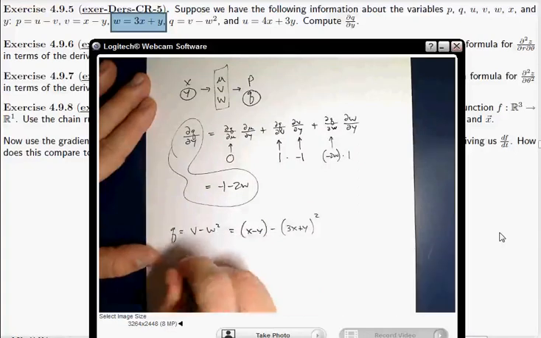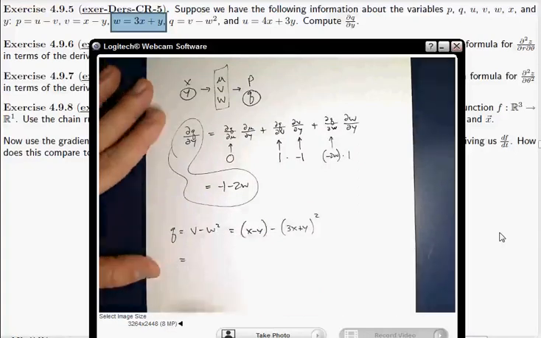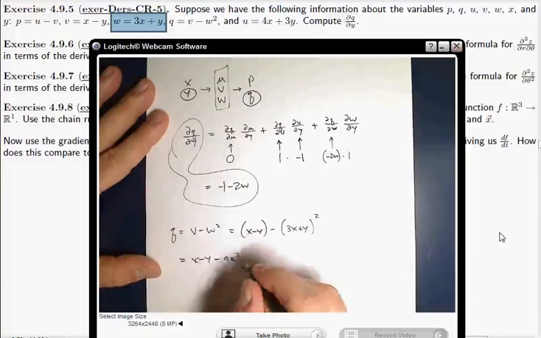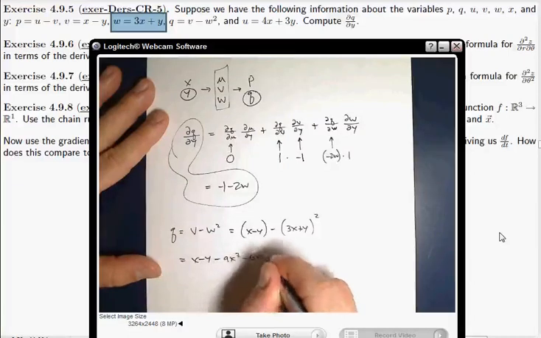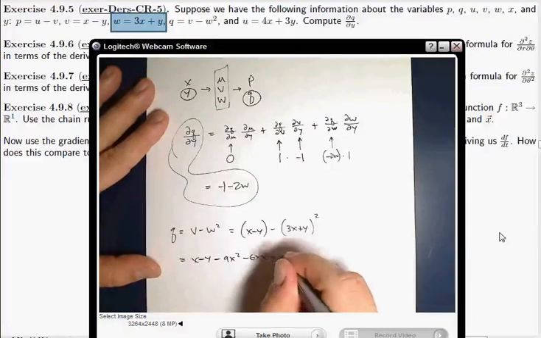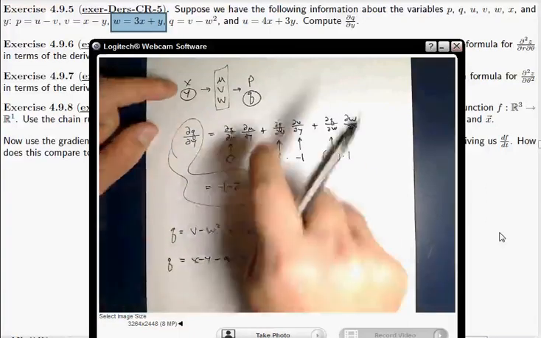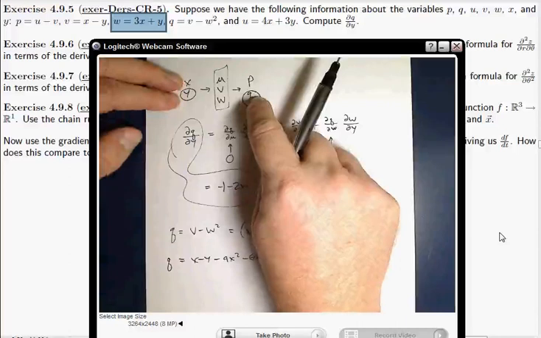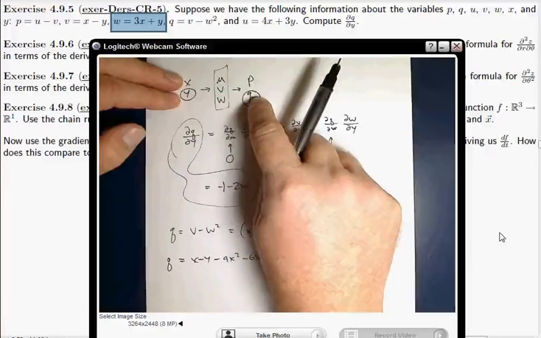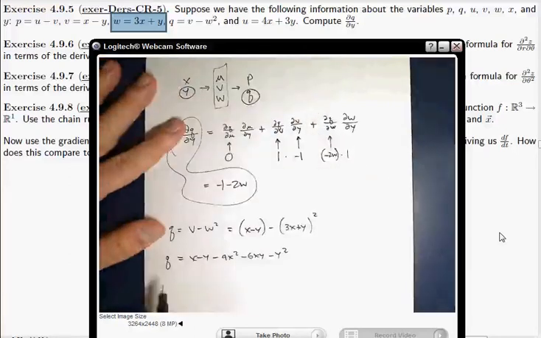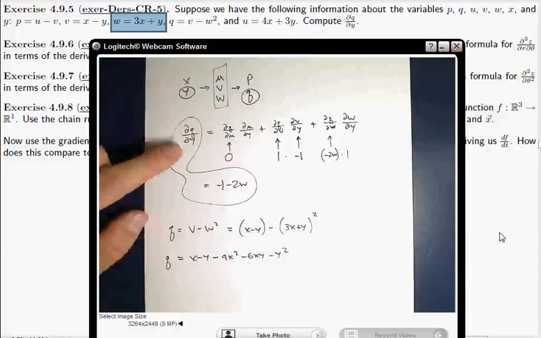And you could just multiply this out, right? And you get x minus y minus 9x squared, minus 6xy minus y squared. That's q. I've found this function, q is a function of x and y explicitly. And now I can just take a partial derivative of this with respect to y.